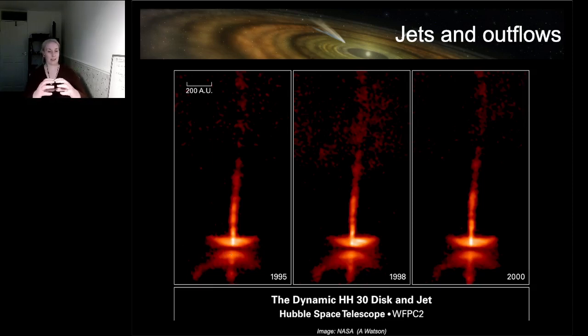So the disk is indirectly detected here because it's sitting in the plane of our line of sight and it's absorbing the light coming from the star. But we can see scattering of the starlight coming from the top side and also from the bottom side of the disk. So we can indirectly see the presence of a disk through this scattered light image and the fact that we have this dark lane that's obscuring the star as we're looking at it edge on.